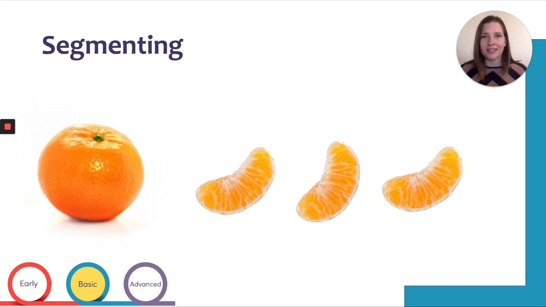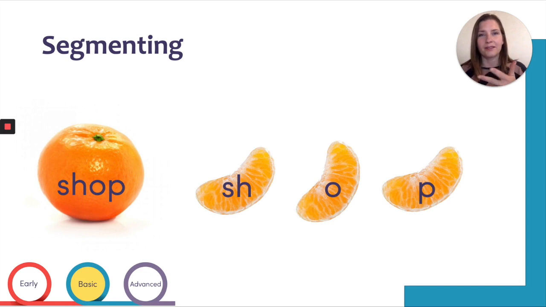It's called a segment. We can break a whole word up into the smallest sounds that we can hear inside the word. So a whole word is shop, and the smallest sounds inside the word could be sh, o, p.